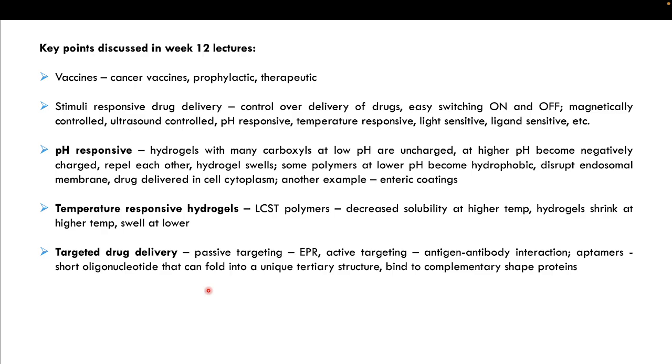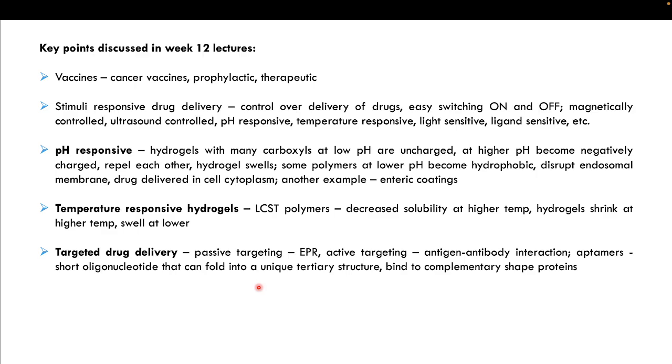This is not just a single strand of DNA. These are actually 3D structures. Now these 3D structures are very, very specific to a particular kind of protein. So you can actually synthesize aptamers the way you want them. Let's say you have a protein and you want an aptamer that has a shape that can be complementary to this protein.